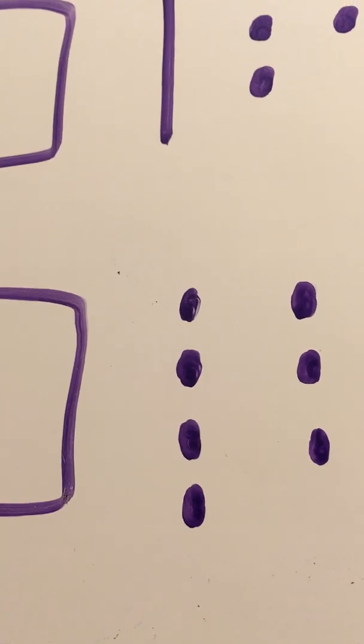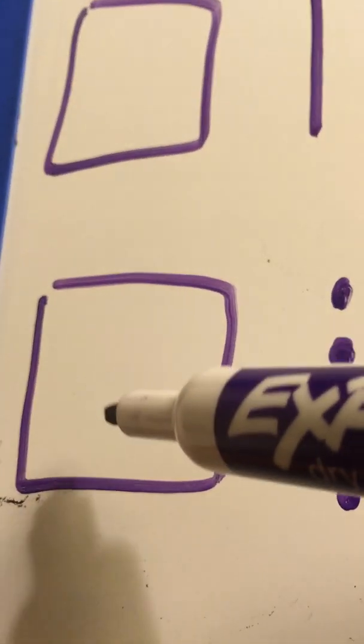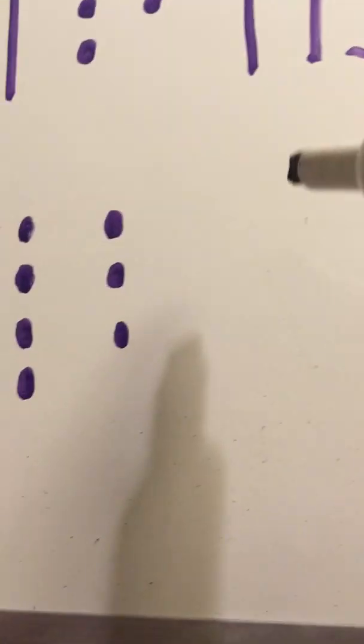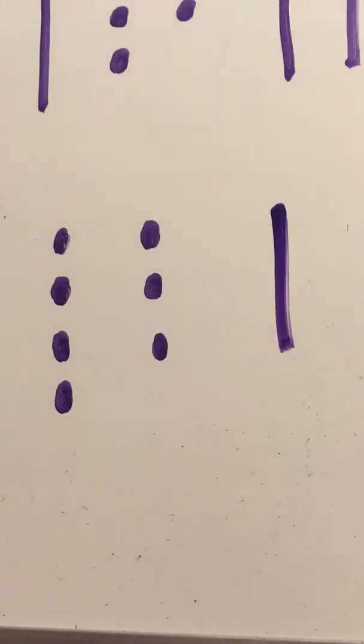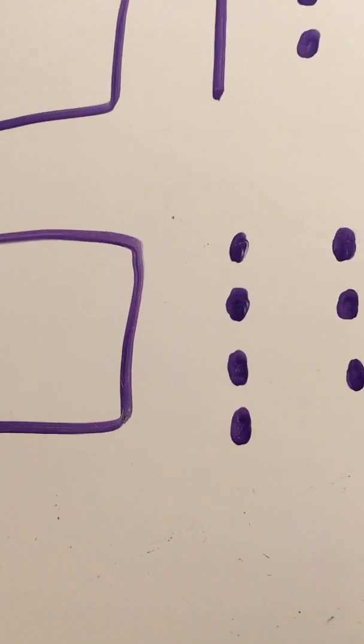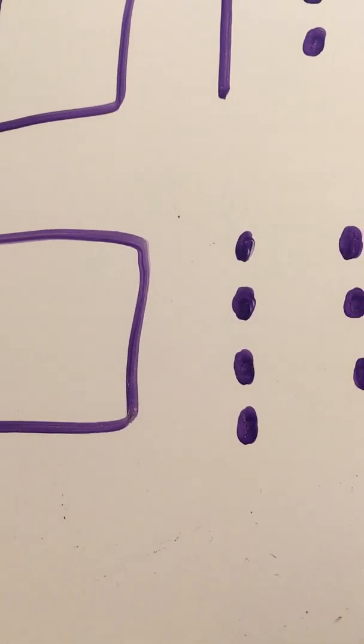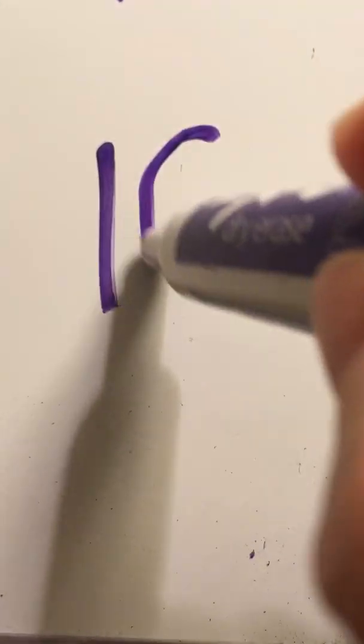Okay. So now we're going to write the number. So we have 100. So we're going to write a 1 because we have 1 hundreds block. Do we have any tens? No. So what do we need to write here in the tens place? A 0. Very important.